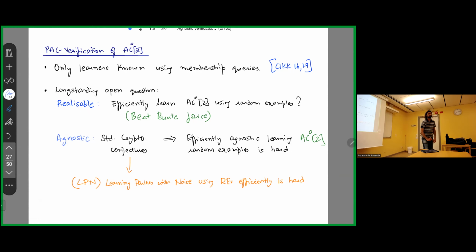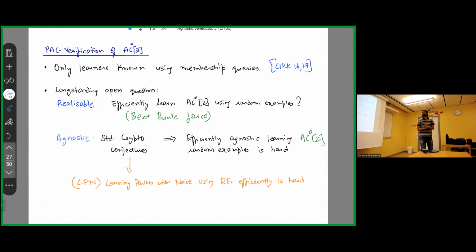Maybe this question is coming a bit too late, or maybe too early. One parameter that people play with that you didn't talk about is proper versus improper. From the prover, am I always getting an honest hypothesis in my class? Would it even be meaningful to talk about getting some other object back that is not in the class? Yeah, that's a good question. I didn't mention it earlier, but for the Fourier setting, you're just getting the Fourier coefficients. There's no proper or improper there.